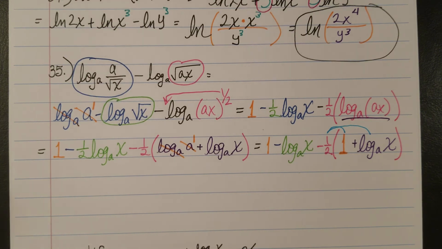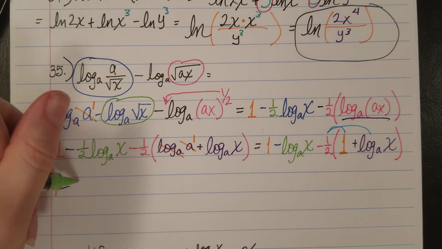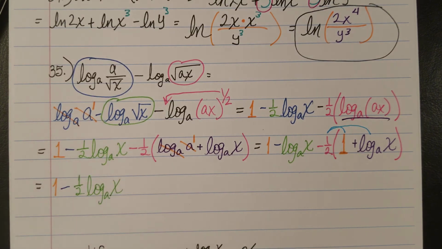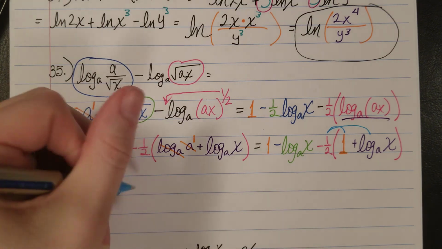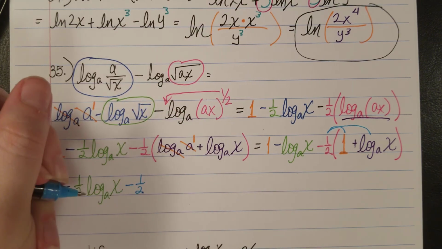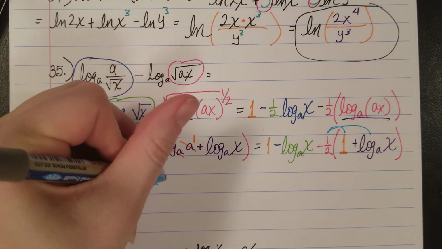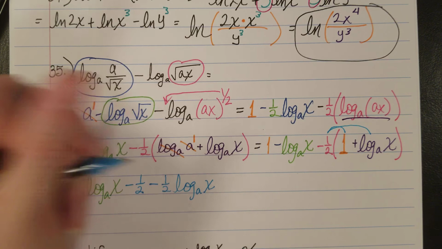So I still have 1 minus 1/2 log base a of x, then I have 1/2 times 1 equals 1/2, so that'll be minus 1/2, and then negative 1/2 times this, so that'll be minus 1/2 log base a of x.